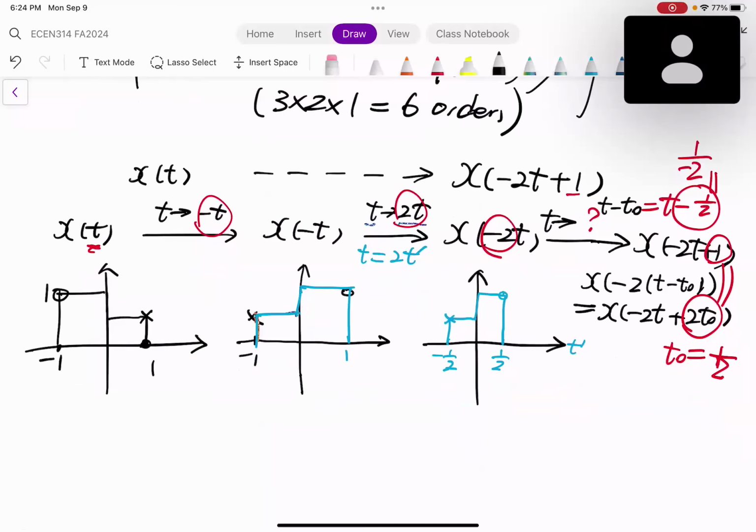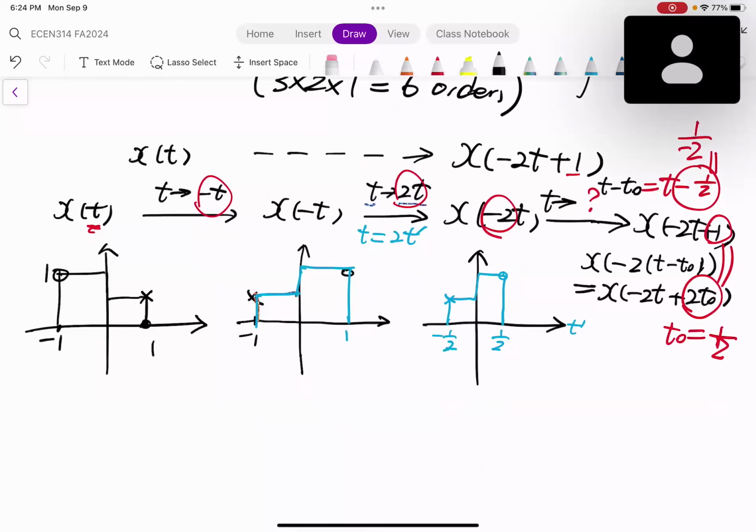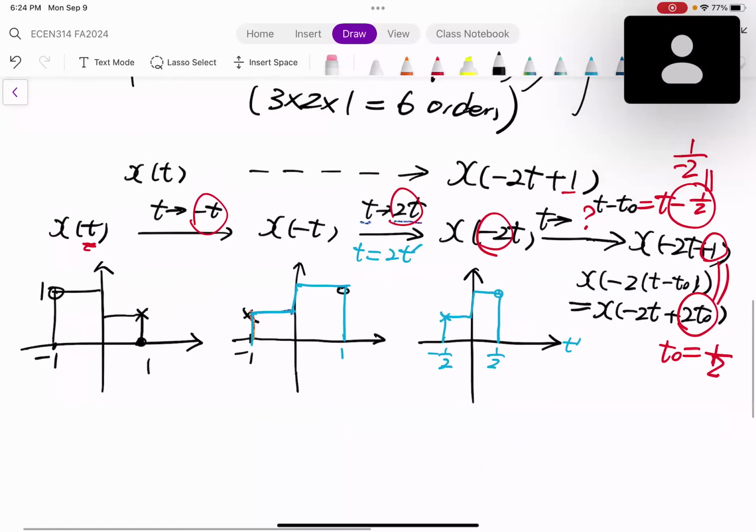Okay. Any question for this example? Okay, so in general, if you need a +1, you just divide it by the final scaled and reversed ratio. In this case, it's -2.